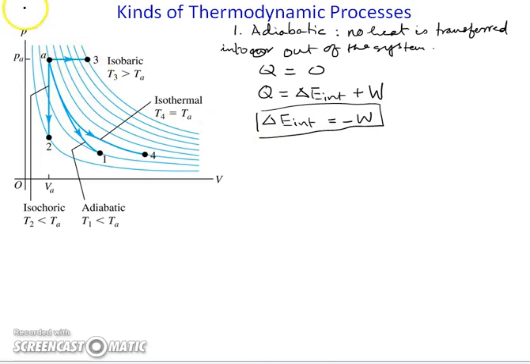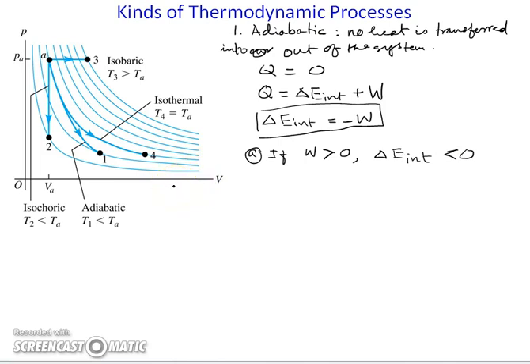So we can talk of a couple of conditions here. If W, work done by the gas, is positive, then we know from that equation that the change in internal energy will be negative, right? And so internal energy decreases.